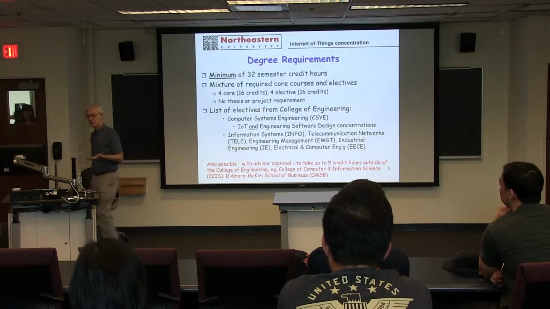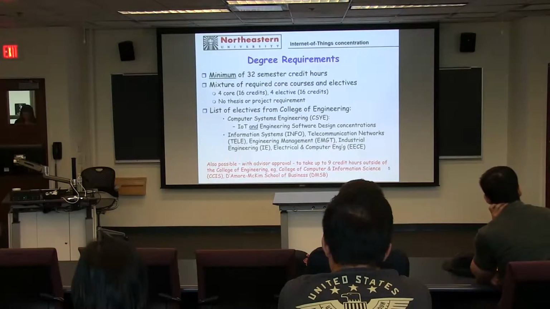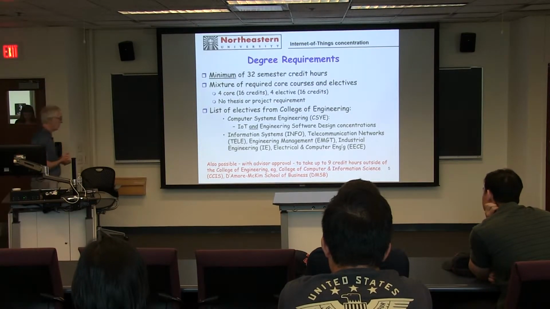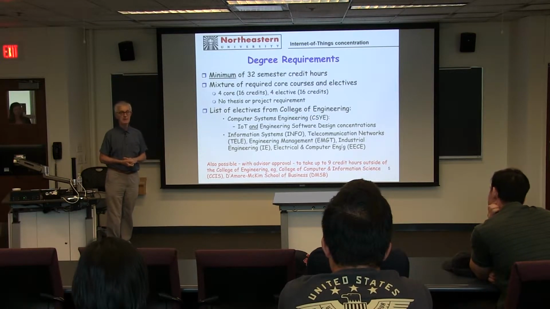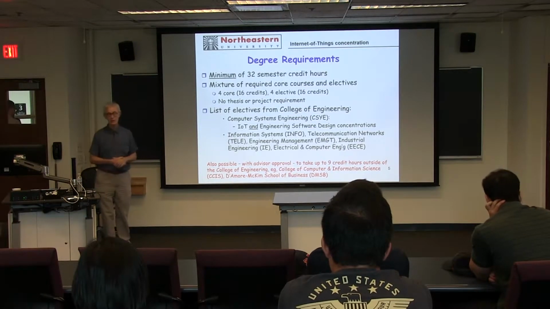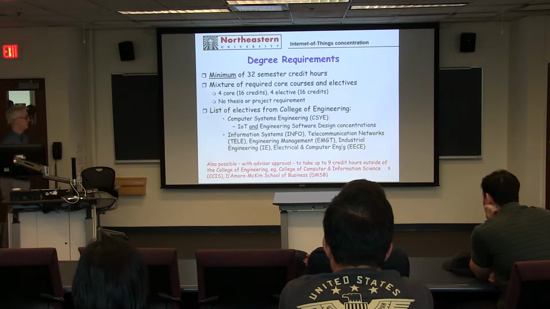And then there's also the College of Computer Science, Computer Information Science. It's possible to take up to a maximum of 9 credits from the Computer Science College, okay? It's also possible to take courses from the College of Business, but a limited number. The max you can take from outside the College of Engineering is 9, okay?